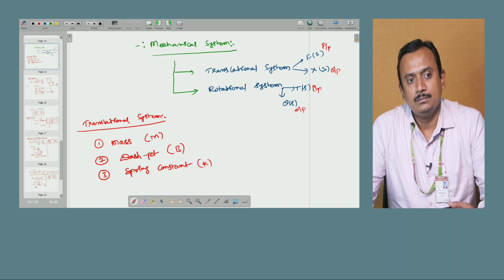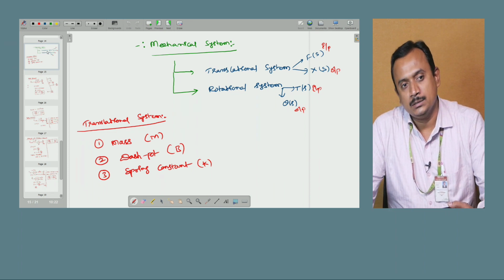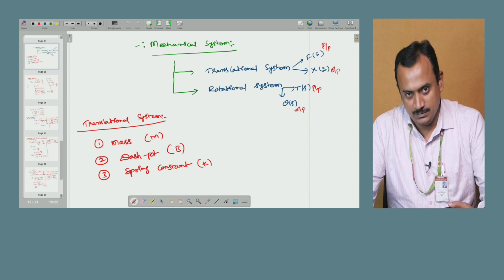Out of that we have found the transfer function for an open loop system, a closed loop system, and also the electrical system, and finally this mechanical system.